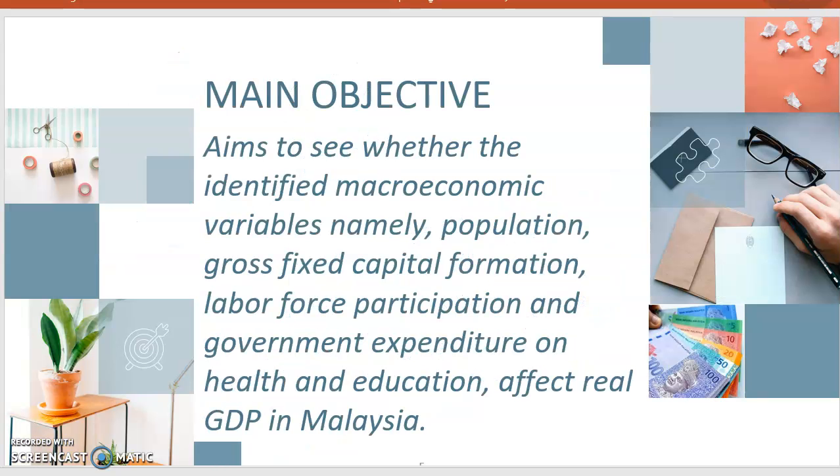Thereby, the main objective of this study is to see whether 5 macroeconomic variables, namely population growth, fixed capital formation, labor force participation, and also government expenditure on health and education, really affect the real GDP in Malaysia.